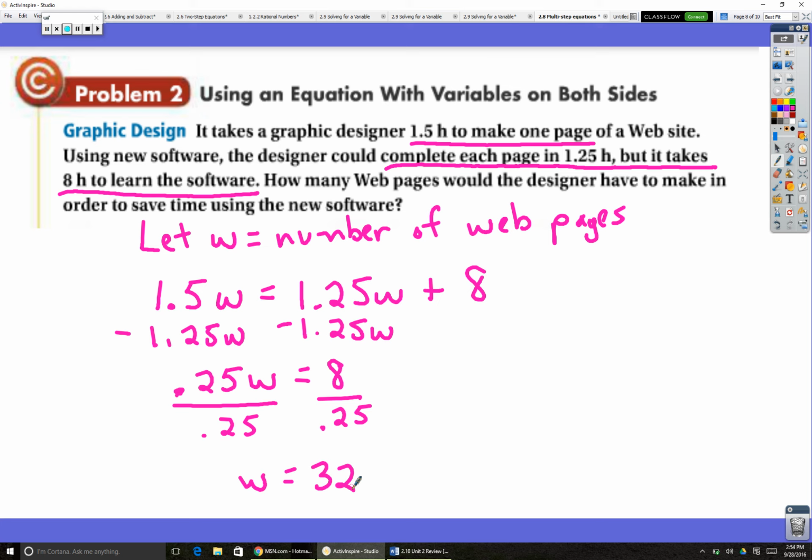So the designer would have to make 32 web pages in order to save time using the new software. So actually, when the designer makes 32 web pages, it would be exactly the same amount of time to create the website. So once we go beyond 32 pages, then the designer is going to be saving time.